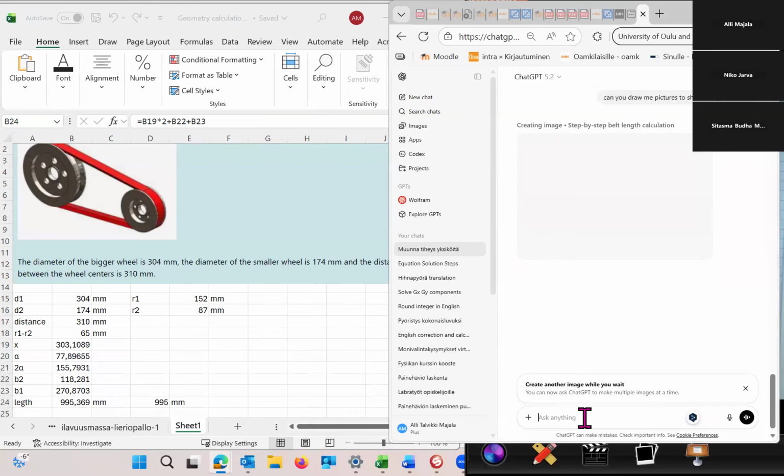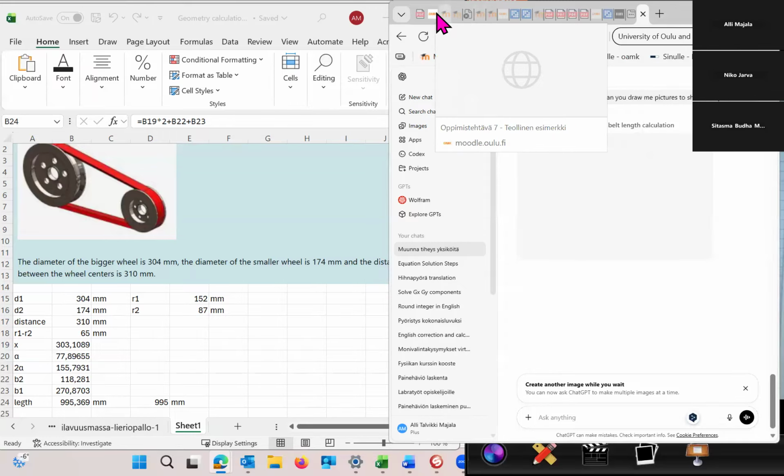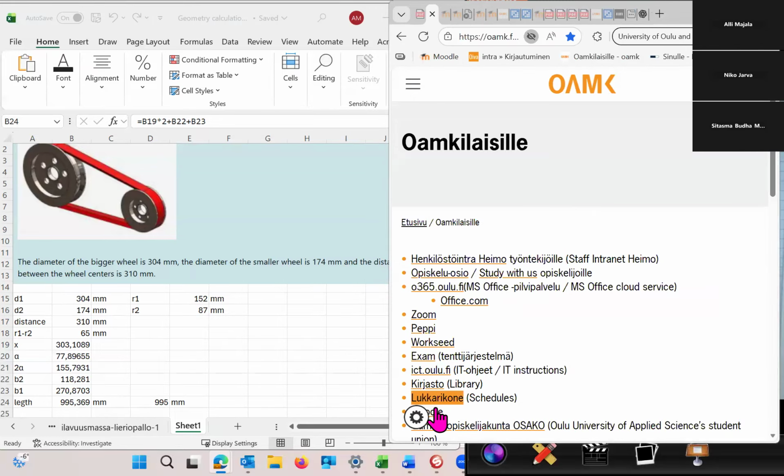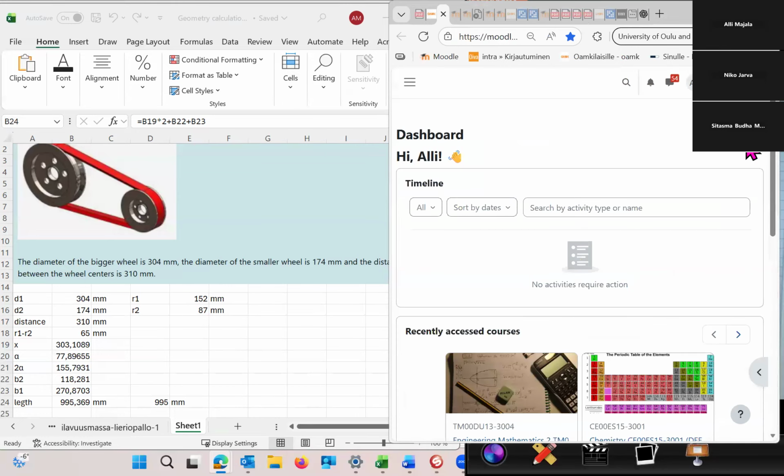What is the next topic? Now the pictures might be whatever. Right, at least for me, when I ask for pictures, they might be really, really bad.